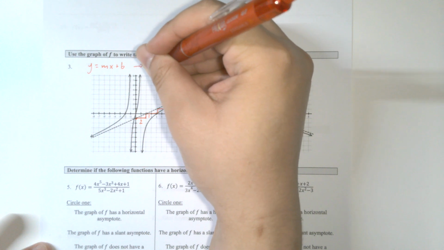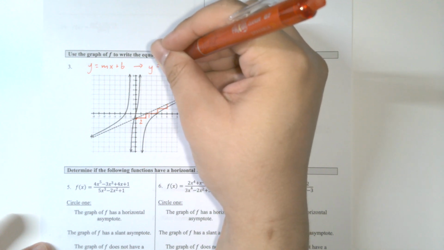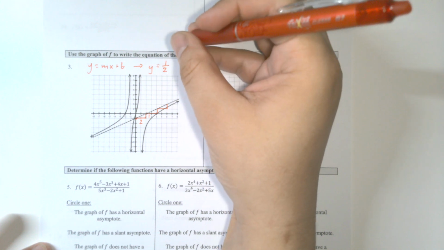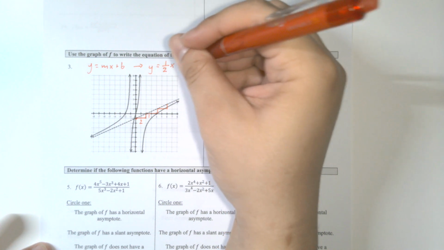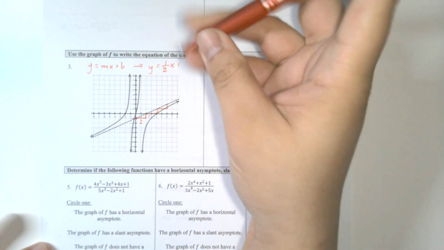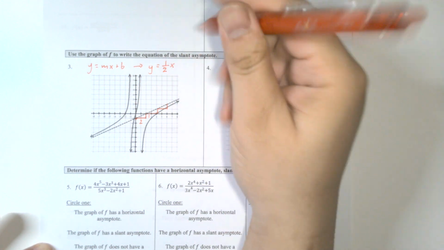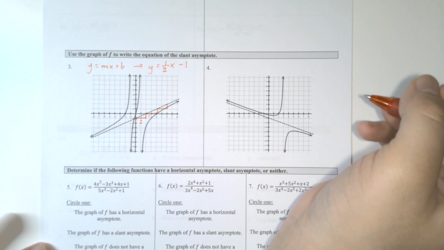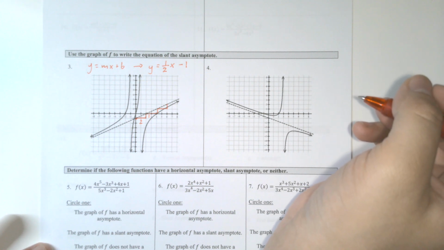So we can construct that as y is equal to a rise of 1, a run of 2, so 1/2 x, not plus, minus 1. And so that's the equation of our slant asymptote.